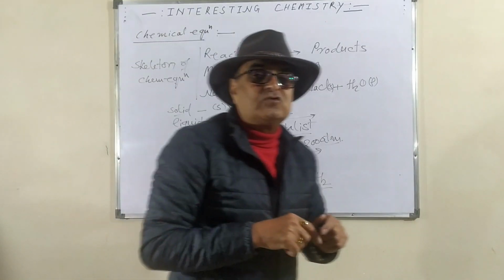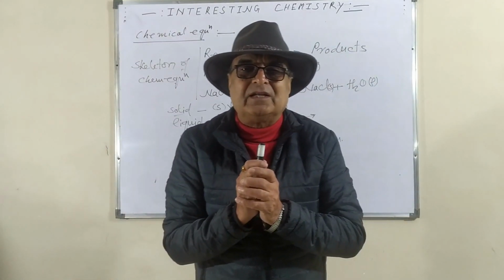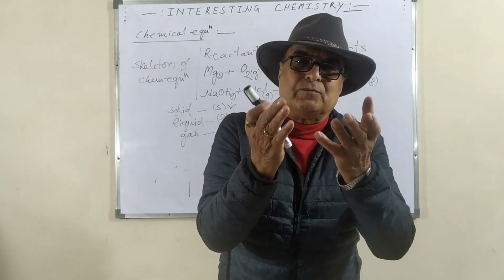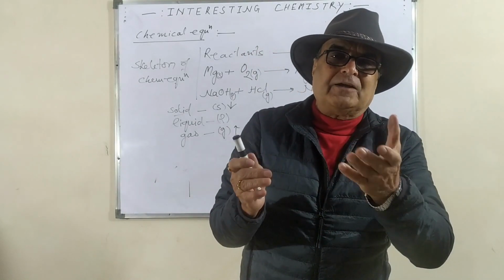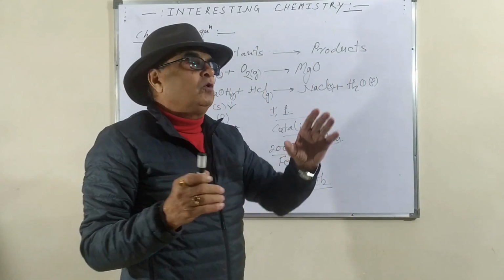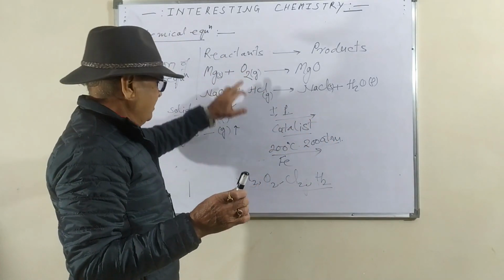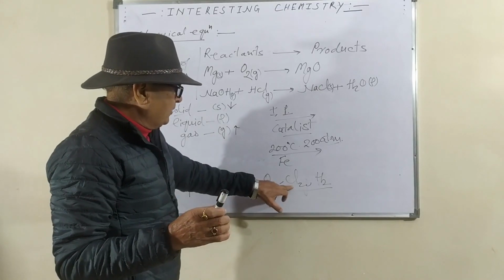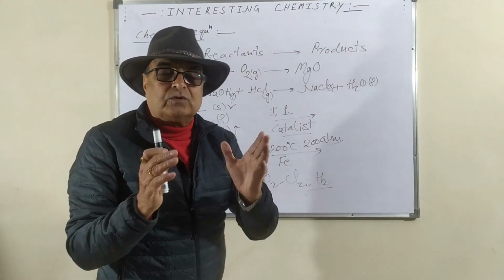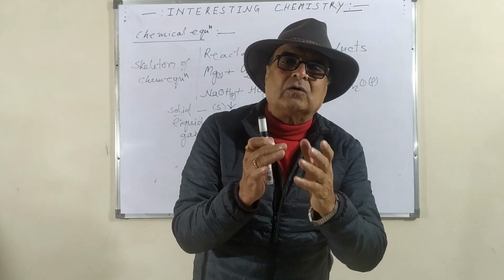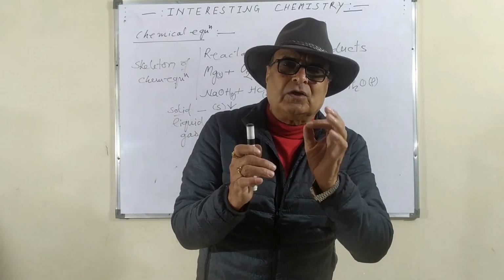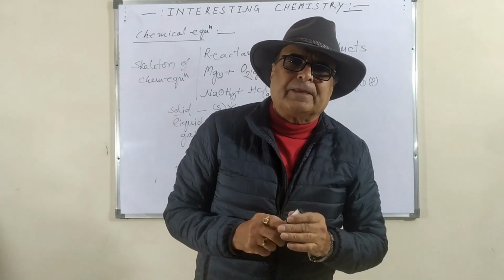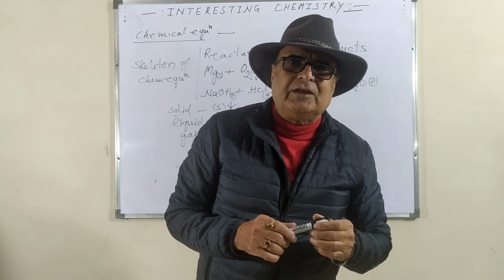All the gases will be written in the chemical equation in the form of a molecule. I mean to say that when you need to write oxygen, it will be written as O2, N2, Cl2, H2. This is the format, the main thing you should know before writing a chemical equation.